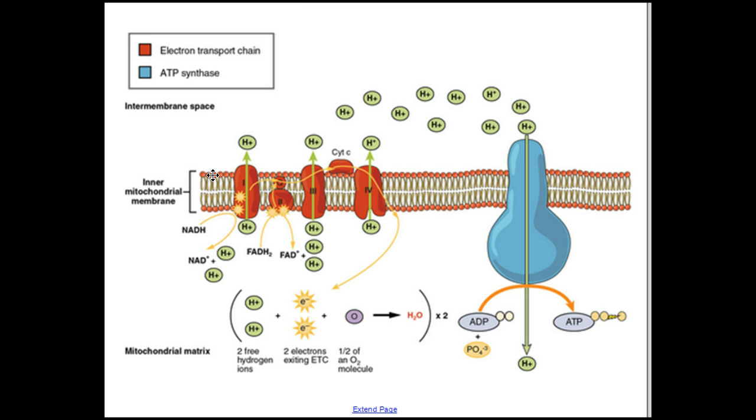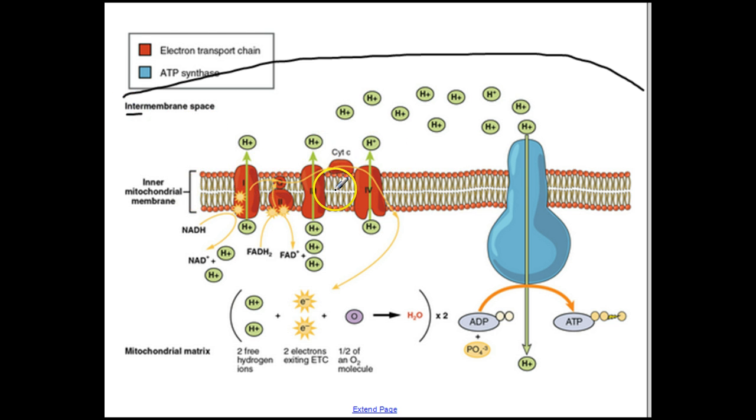This is tough to visualize on this picture here, but let's just say we had the outside of the mitochondria. So here's the outside of the mitochondria. There's a space, right? If you go back to your diagram, we call that the intermembrane space. Remember, this means between.